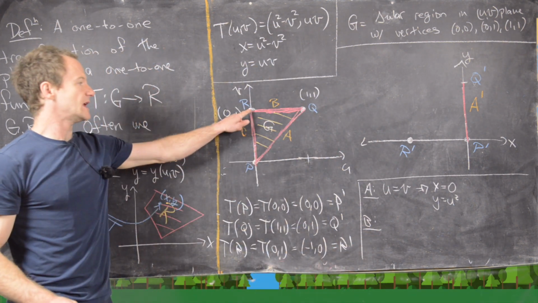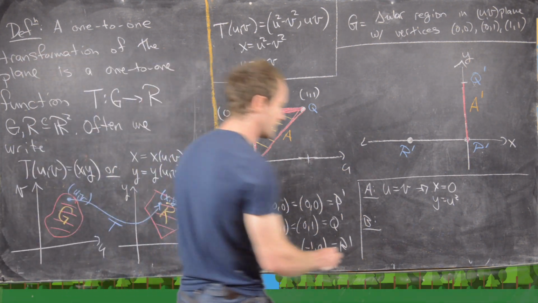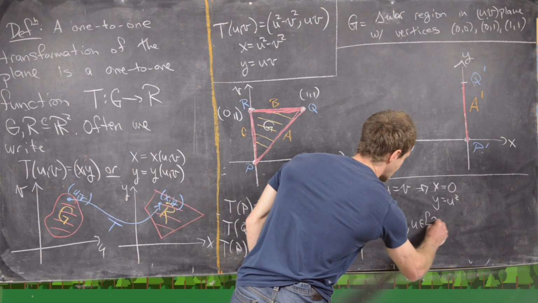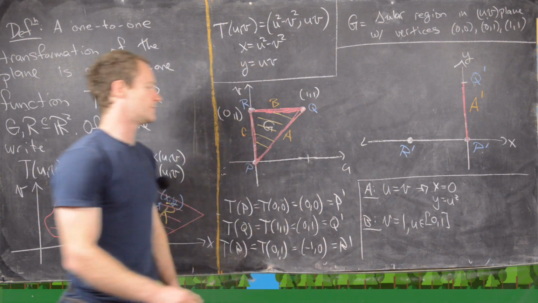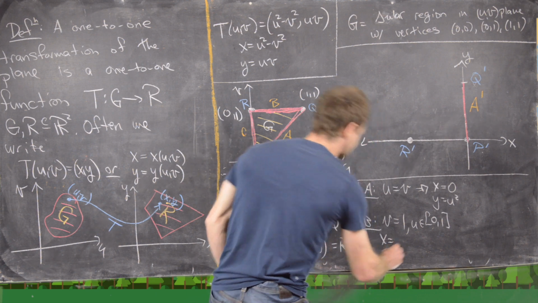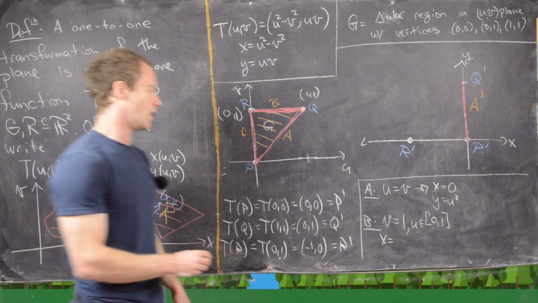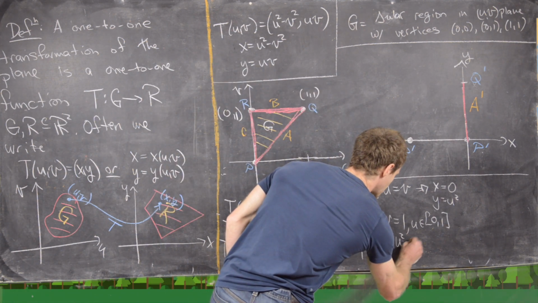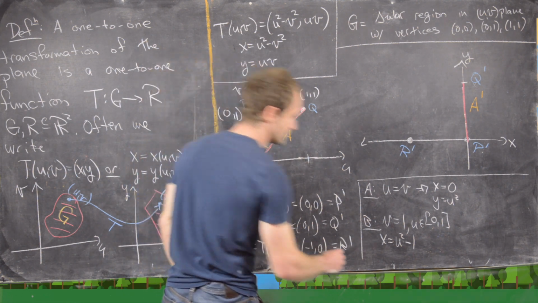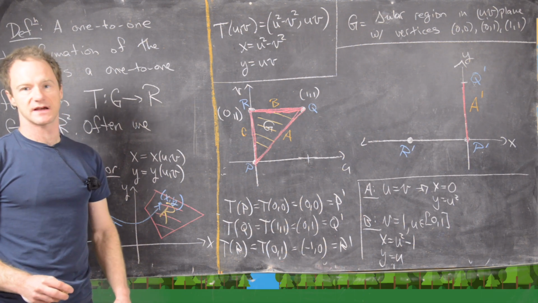So now for B, what we have is v is fixed at 1. So v equals 1, and now notice that u ranges between 0 and 1. Okay? But now what that tells us is that x equals u squared minus 1, and y equals u. So we've got something like that.